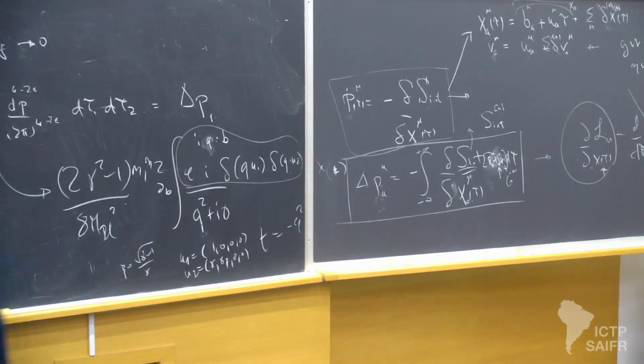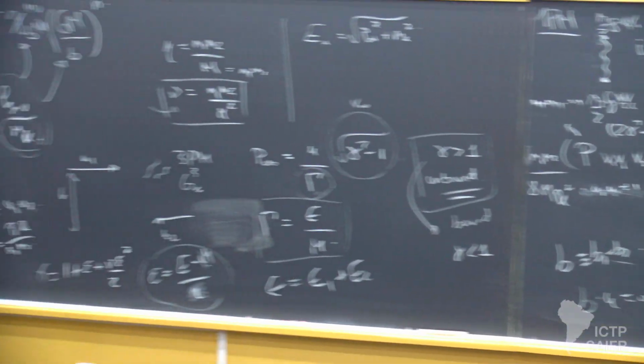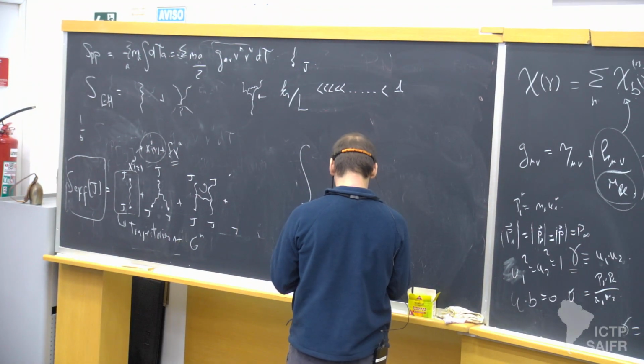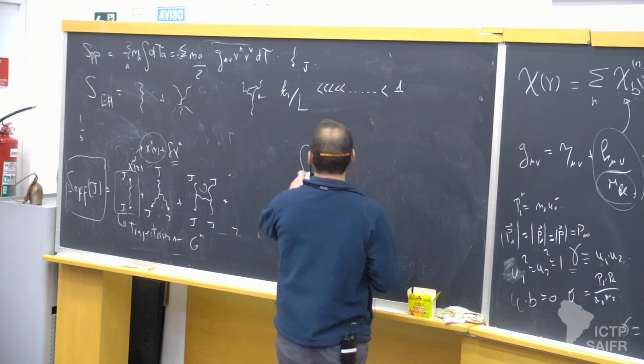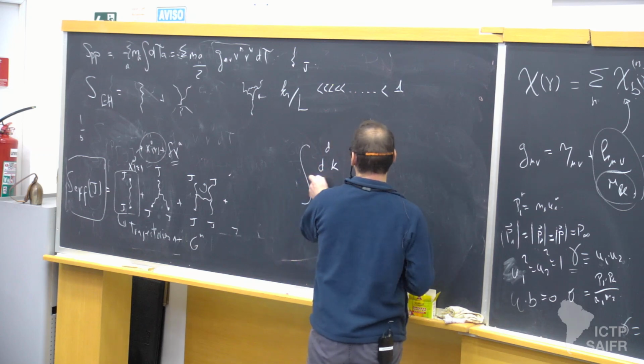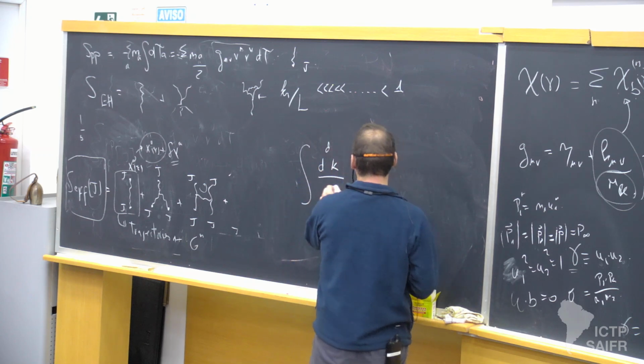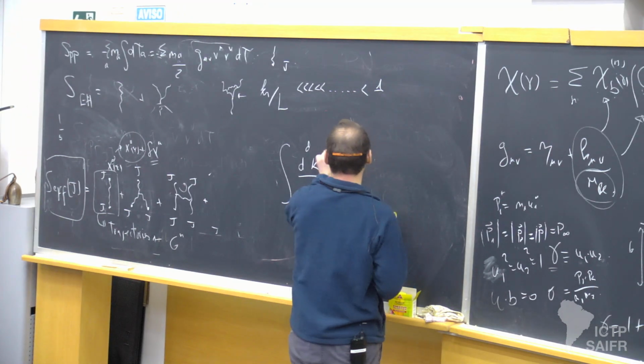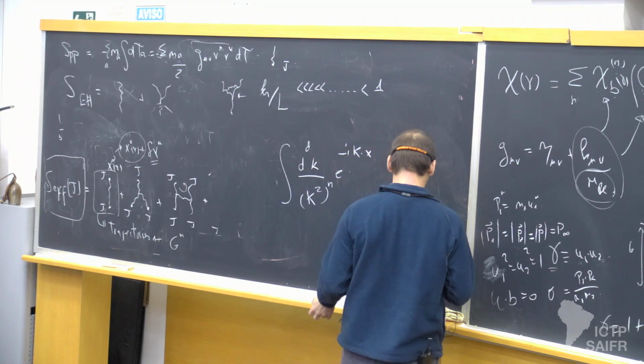So then at the end, what I need is just this general integral that is, do I have the answer here? Yeah, with some d-dimensional integral and any power. This is e to the minus i k x.